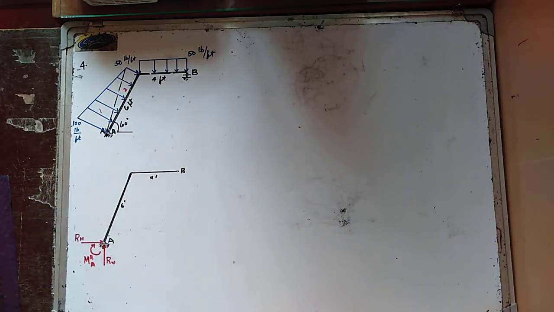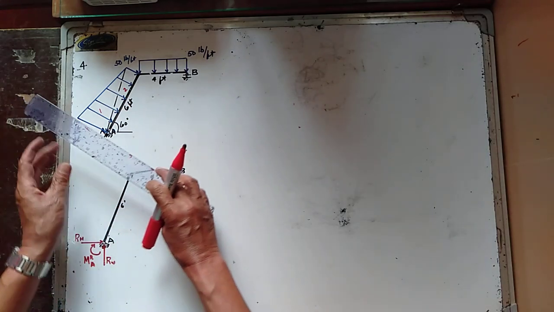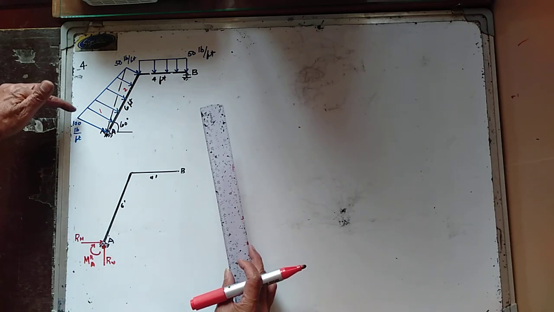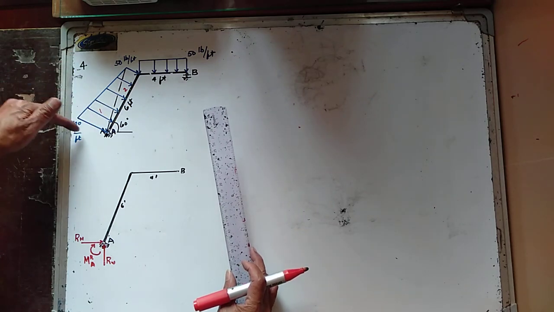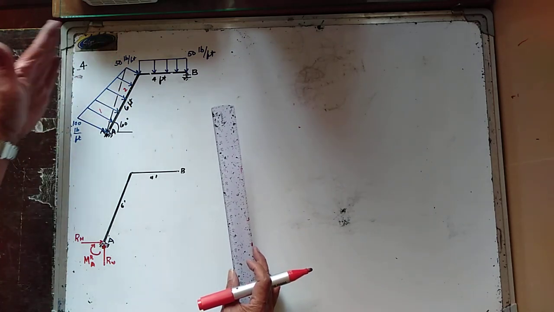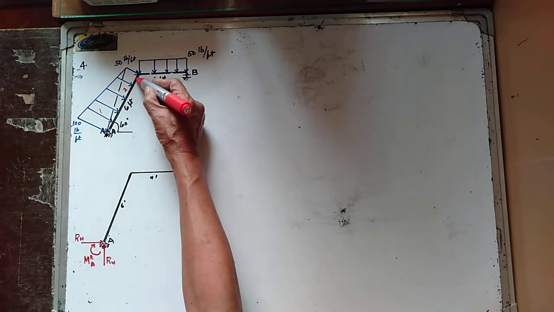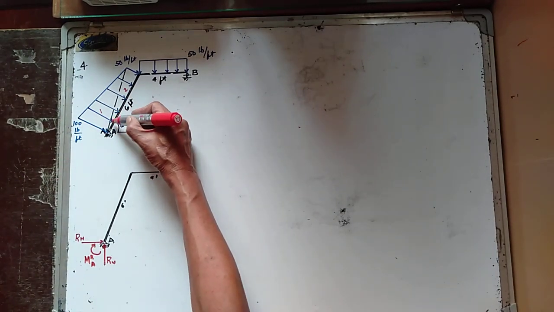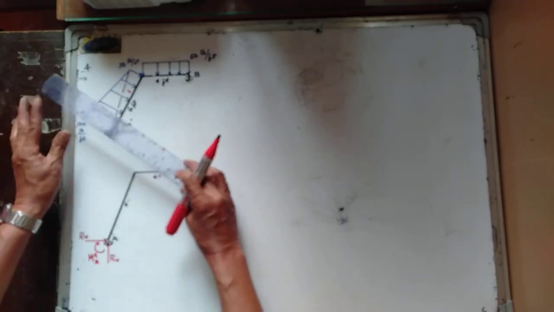So let us try to get the equivalent resultant force of the first area. Take note that this distributed loading is normal to this member, so it is perpendicular to that member.